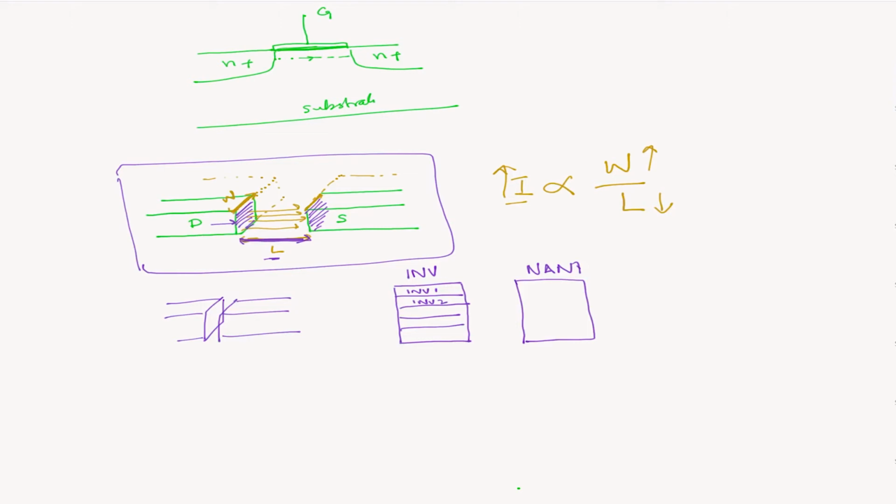And we need good control over the transistor. So when we want it on, it's on, and when we want it off, it's off. But as the transistor's length got smaller and smaller, it was becoming hard to turn the transistor off completely.